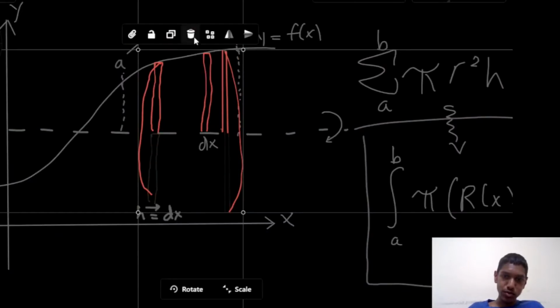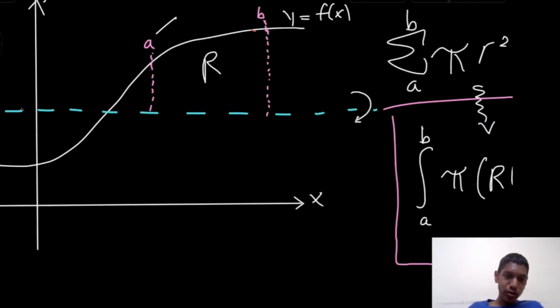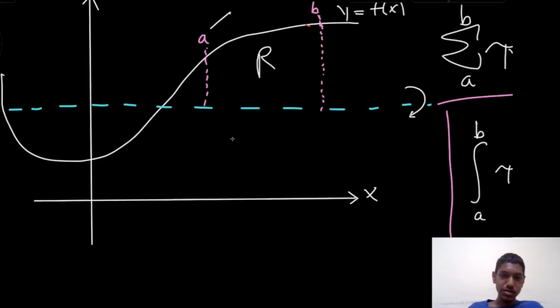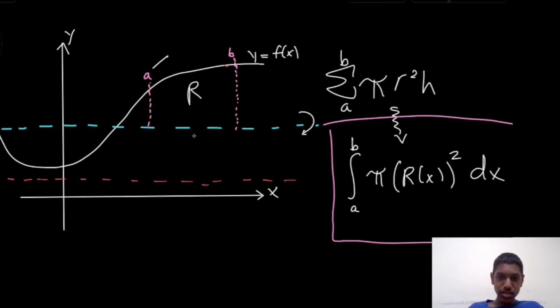Let me remove all this stuff here. So if all this is r, maybe they don't want this particular axis right here. Maybe they want you to rotate it about this red axis right here. So now it's a different story.